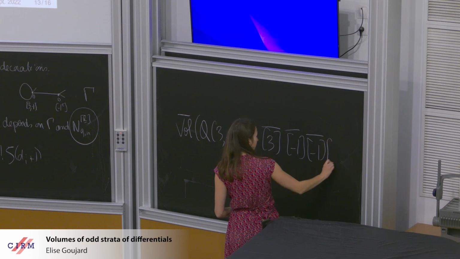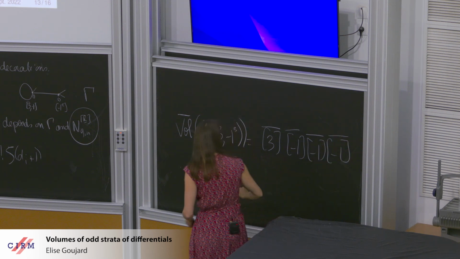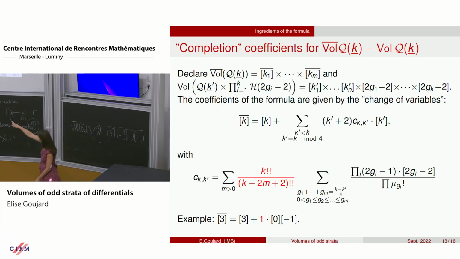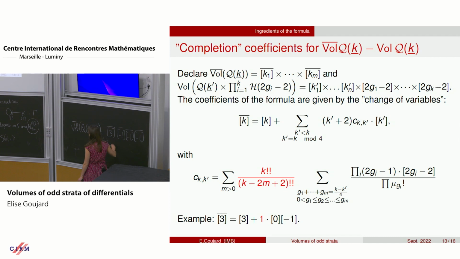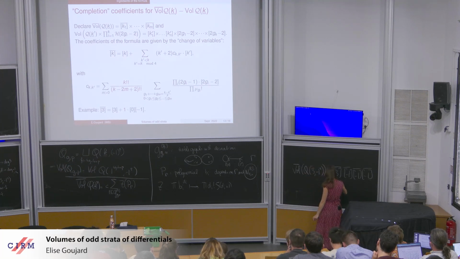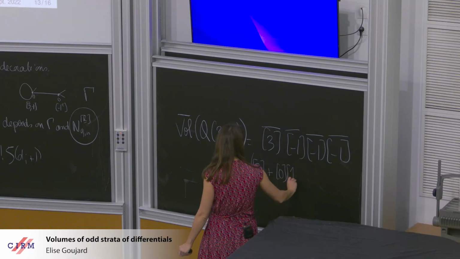I claim that this is just equal to this product. And I replace 3 completed by its value. So it's the regular 3 plus, here the coefficient is pretty simple. It's just 1, this coefficient. So you only see 0 times 1.